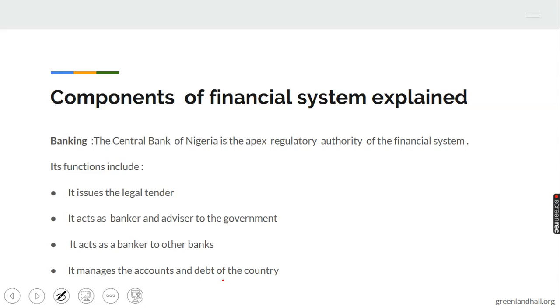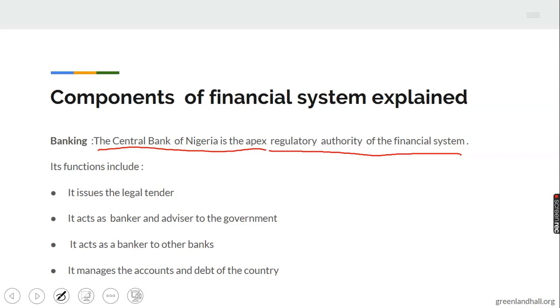And the banking components of the financial system: one of them is the Central Bank of Nigeria. This bank is the apex bank, that is the highest bank, and is the regulatory authority of the financial system. In other words, it regulates the activities of all other banks and other financial institutions.